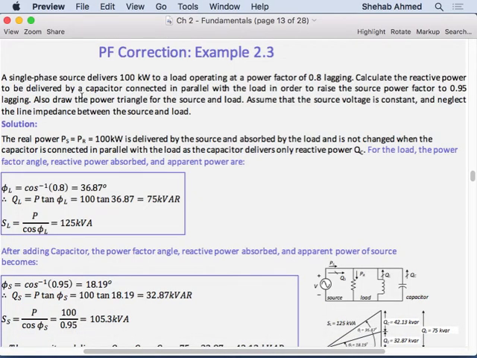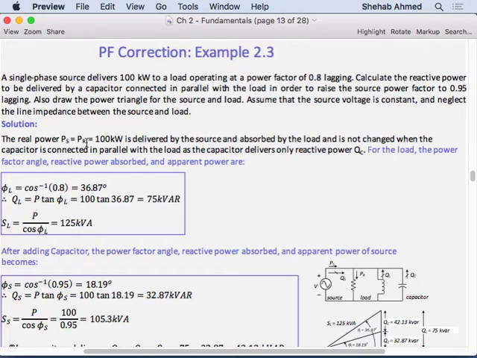Okay. Assume that the source voltage is constant and neglect the line impedance between the source and the load. The solution is, of course, we know that the real power P is delivered by the generator and consumed by some resistor in the load. So PS is the P source, and PR is P resistor, right?